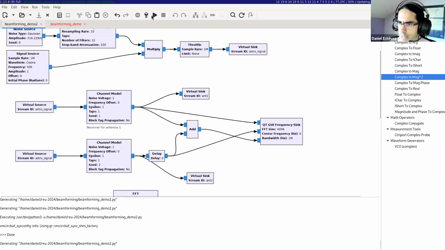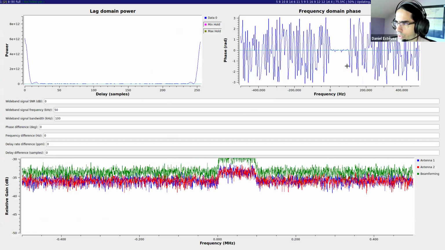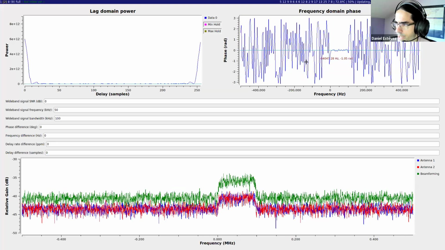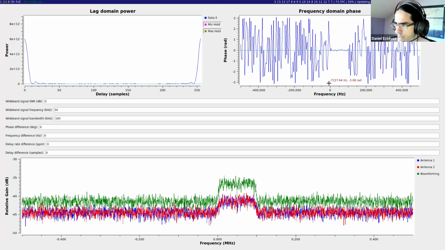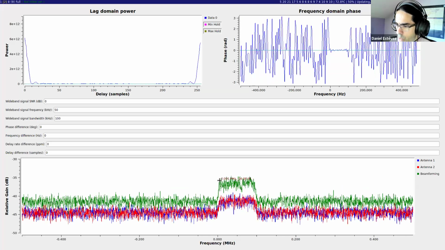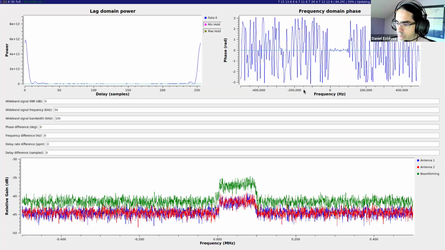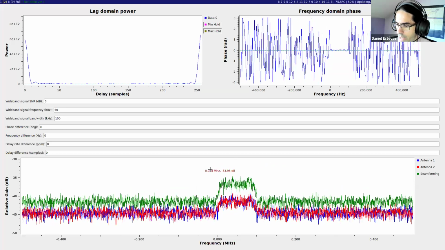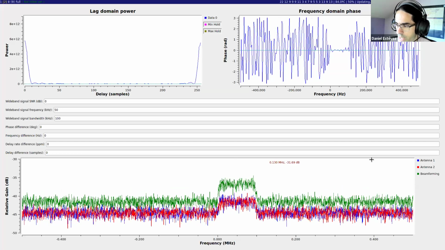So let's run this and see what happens. We have here a frequency domain phase, and what we see is there is noise all over the place in most of the spectrum except where our signal lies. And that is to be expected because outside of this part of the spectrum, the thing we have is random noise, which is different for both antennas.